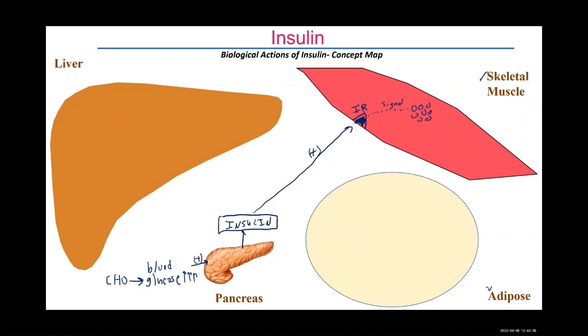And of course, the ones that are in muscle are called GLUT4. And of course, these are transport proteins. So what these GLUT4s are going to do is they're going to translocate up to the cell surface, right? And then this is where the blood is. So here's all your blood glucose.